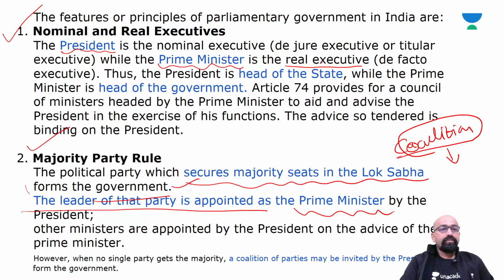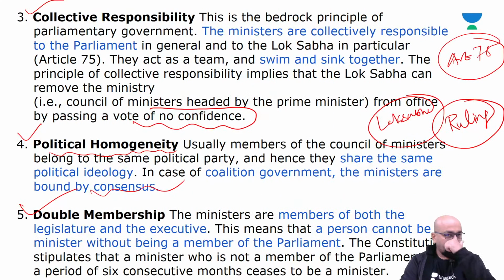Yes. Majority party rule is the feature of the parliamentary government system, where the leader of the party which secures majority seats in the Lok Sabha is appointed as the prime minister. Yes. Next is collective responsibility. Right. So the ministers are collectively responsible to the parliament.